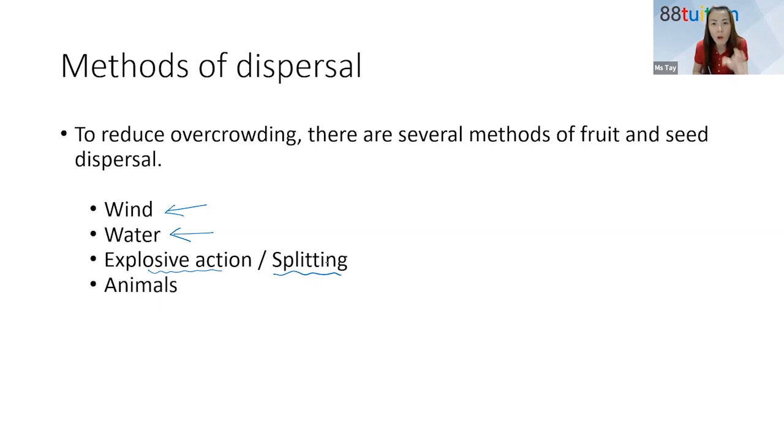The most common mistake my students previously made is they say explosion. How can there be explosion and then the seeds get dispersed? No, it's not explosion, it's explosive action. So if you tend to make errors when writing, I want you to remember the word splitting.